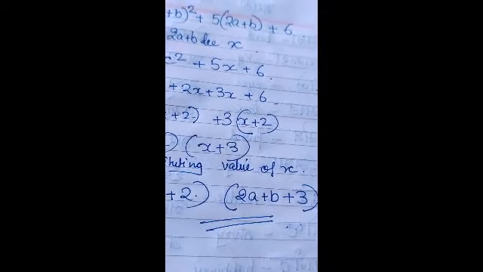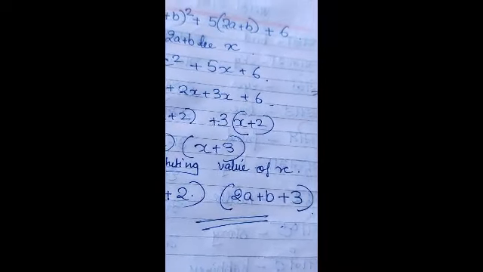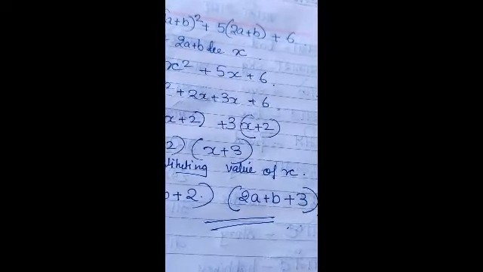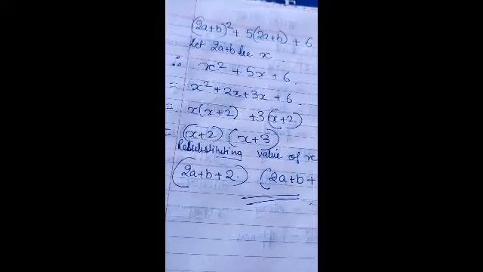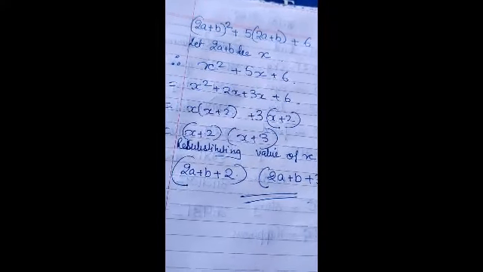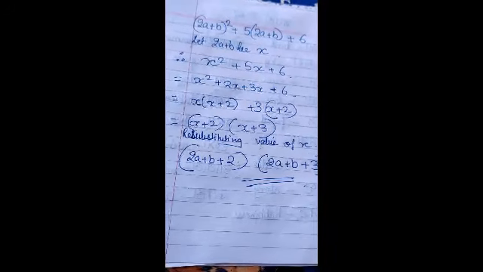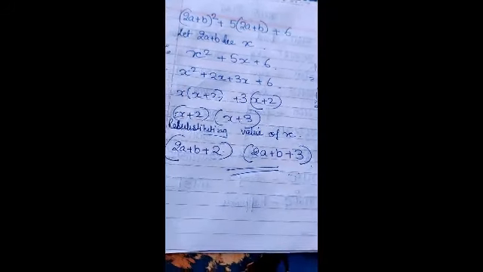So we know plus 3 into x gives us plus 3x, and plus 3 into plus 2 will give us plus 6. So we use plus 3, and then we have our two factors as x plus 2 and x plus 3. Resubstituting the value of x, we get 2a plus b plus 2 and 2a plus b plus 3.